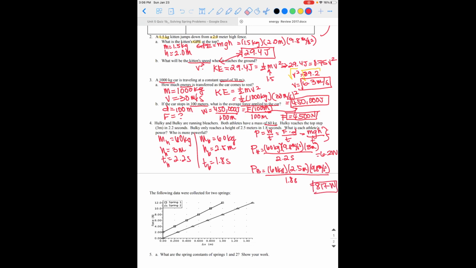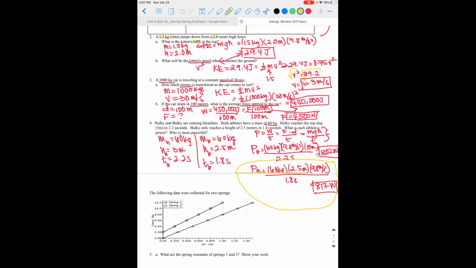Actually, I don't know where this number came from. It's 802 watts. Okay, so obviously our more powerful person here is going to be Bulky, who had the better strategy of doing less height above bleachers, but in less time.